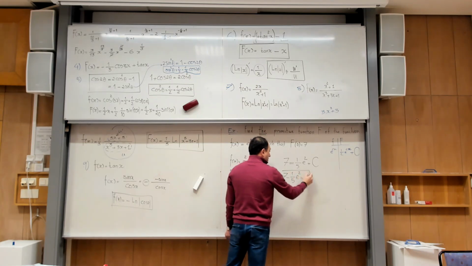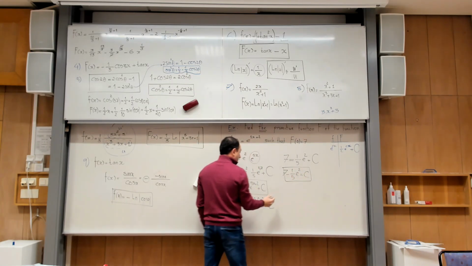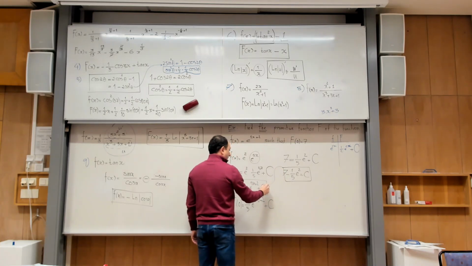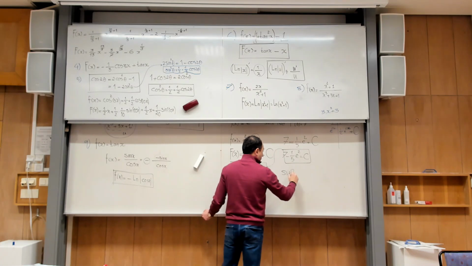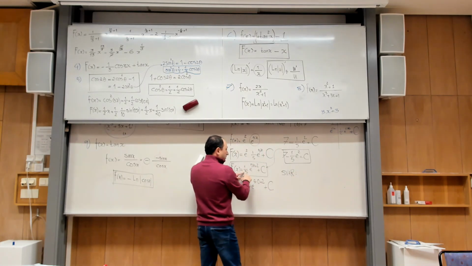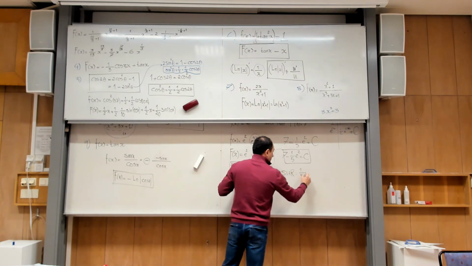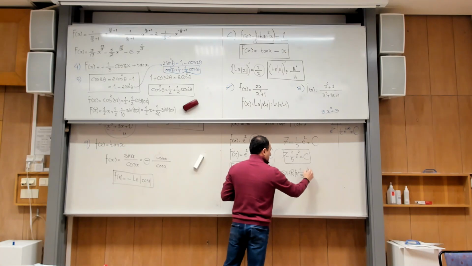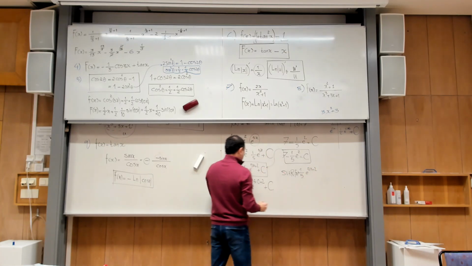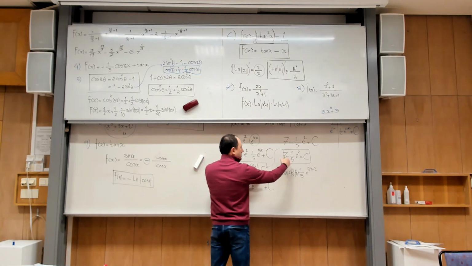But the problem is not finished here. Be careful. When you found c, you have to go back and put it here. So the thing that you are supposed to provide as the answer is, let me write capital F. Capital F of x is equal to 1 over 5 e to the power of 5x plus 2, and instead of this c, I put this number.